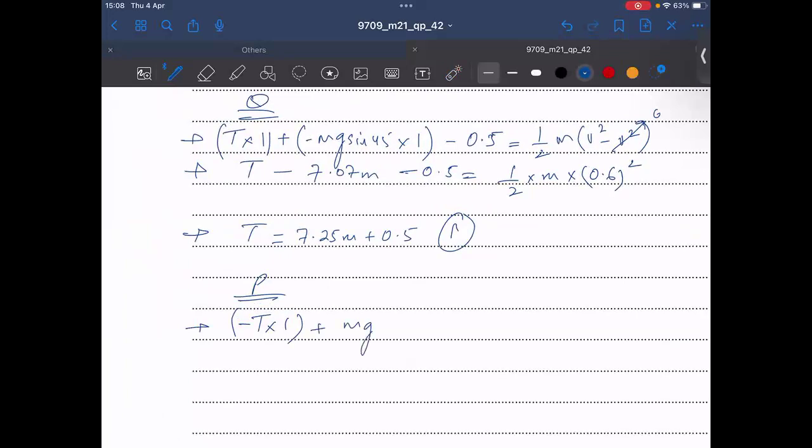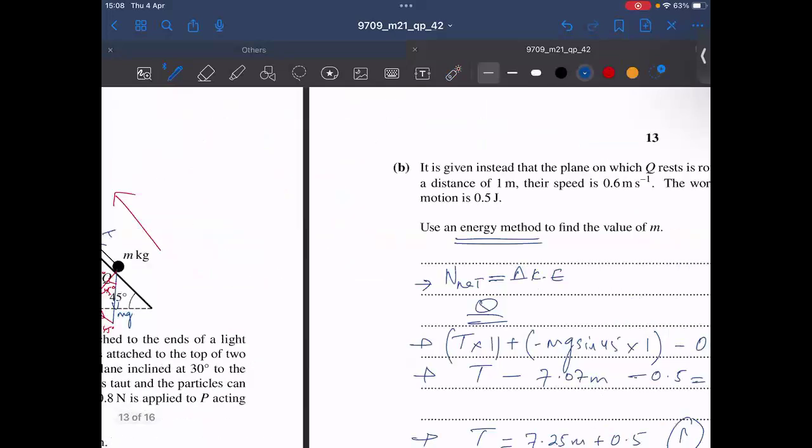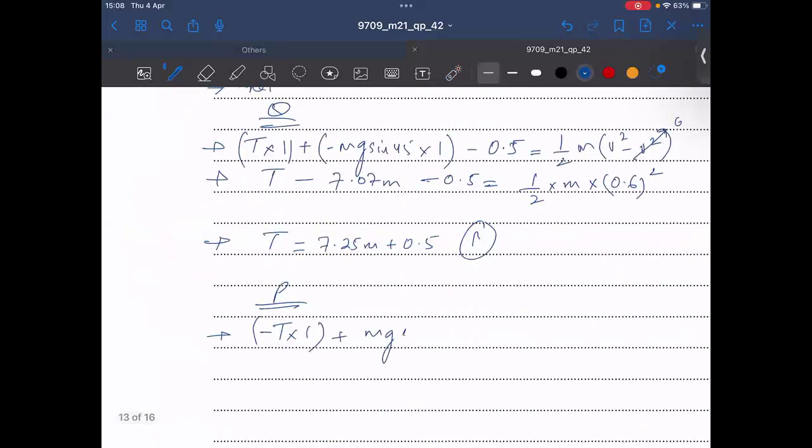So mg sine of 30 times 1. Both of the particles are moving the same distance. And there's no friction force acting on P, because the surface on which P is placed is taken as smooth, so no work done by friction, equals half m times u square, which is 0.